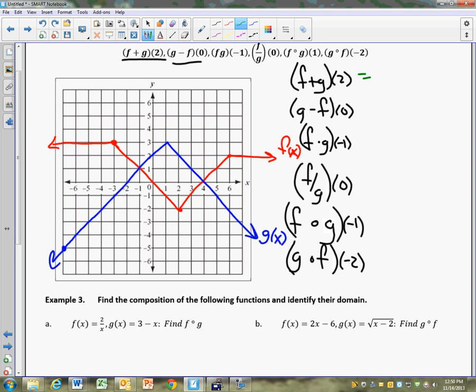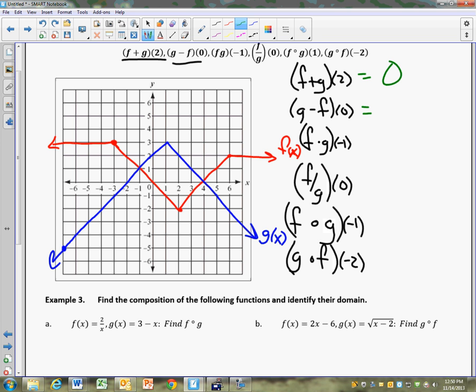Positive 2. And what is negative 2 plus positive 2? 0. So on the test, you should be able to look at a graph and appropriately do function addition, subtraction, multiplication, and we will obviously do composition as well.